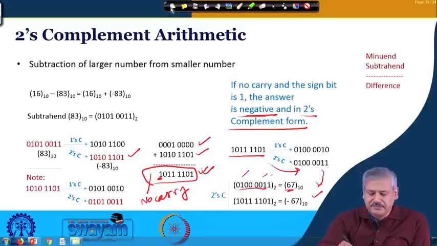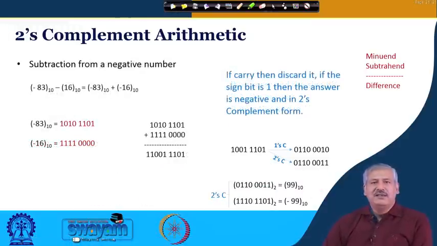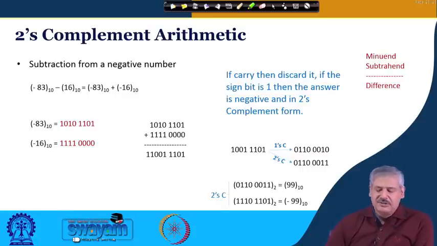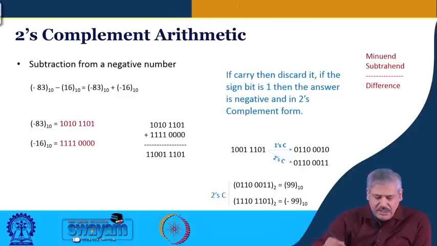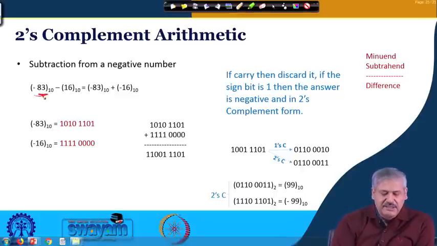Now, if we want to perform subtraction from a negative number, that is also possible, right. So, how can we do that? The negative number in the first place, say it is minus 83.